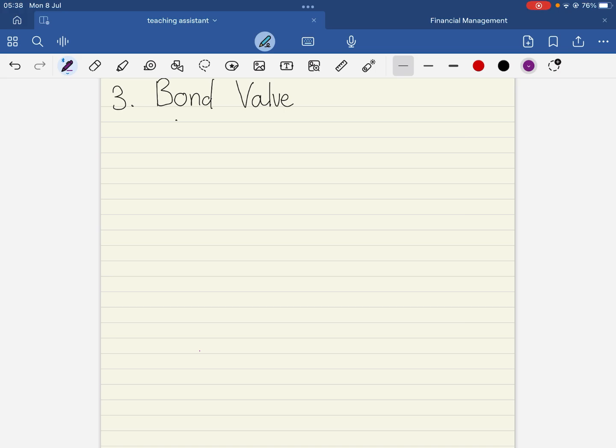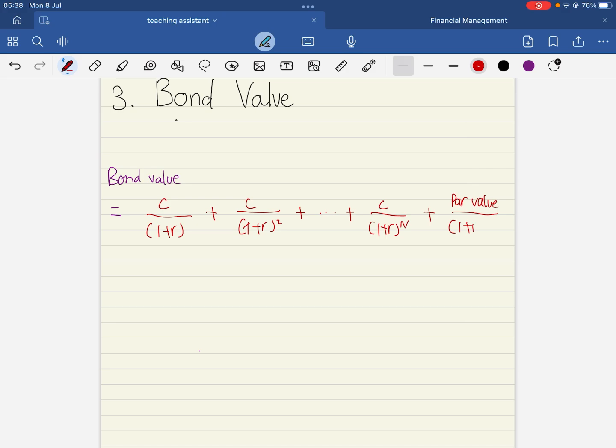The bond value will be equal to the coupon payment divided by 1 plus R, plus C divided by 1 plus R to the power of 2, plus ... until C over 1 plus R to the power of big N, plus the par value also divided by 1 plus R to the power of big N. Knowing that C is the coupon payment.